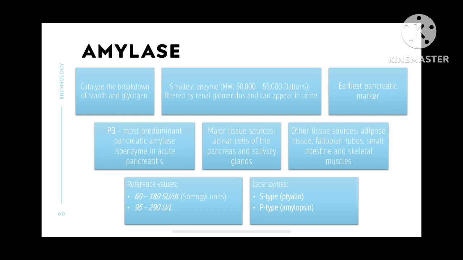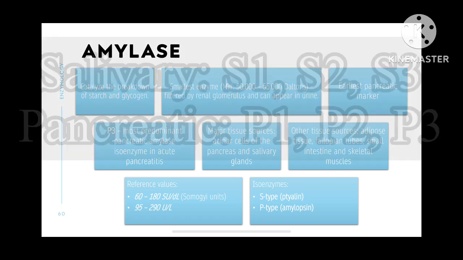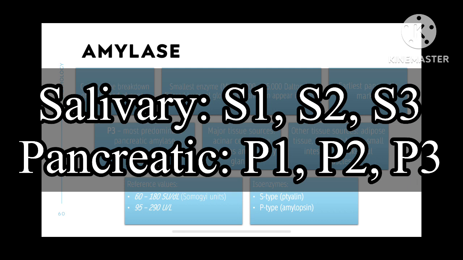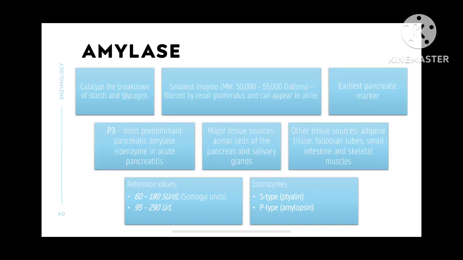The isoenzymes of salivary origin that consist of S1, S2, and S3 migrate most quickly, whereas those of pancreatic origin, P1, P2, and P3 are slower. In normal human serum, the isoamylases migrate in regions corresponding to the beta to the alpha globulin regions of protein electrophoresis.